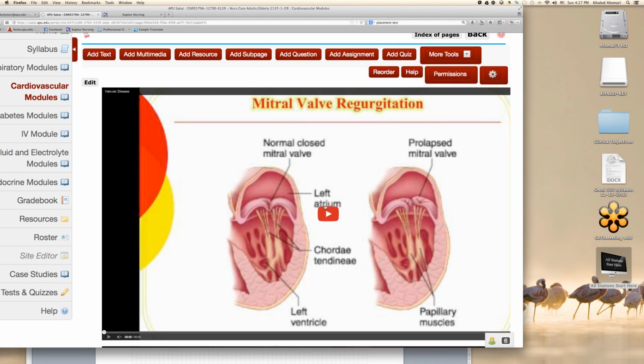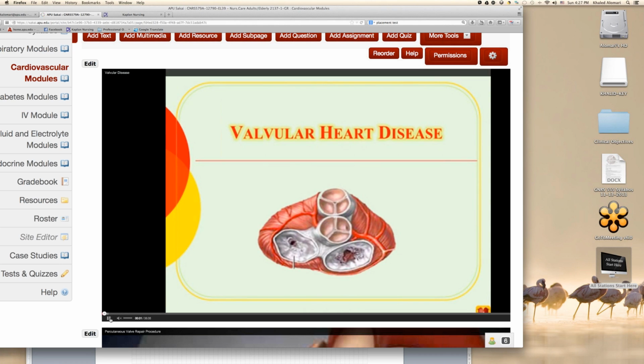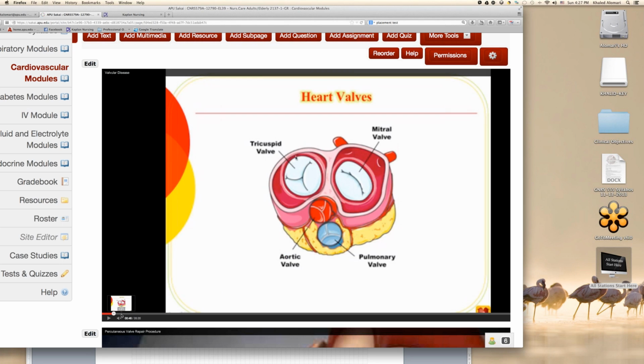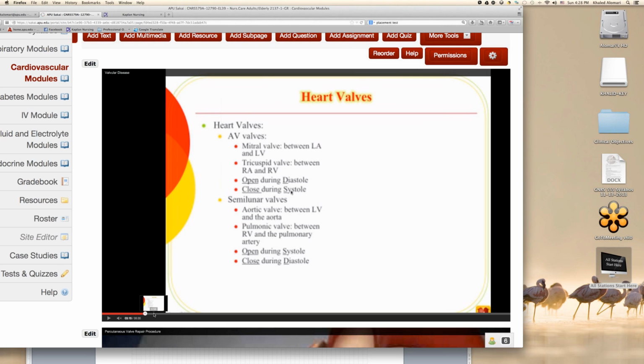Now, as far as the valvular problems, we talked about the locations of each valve and their functions, and you need to know when they should open and when they should close, because this way you will know the problem, whether it's stenosis, insufficiency, or regurgitation. Stenosis is a problem during opening, where the valve is not completely open, and regurgitation is when the valve is not completely closed.